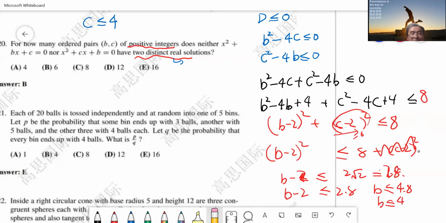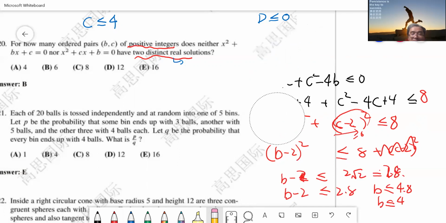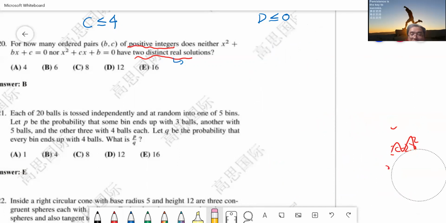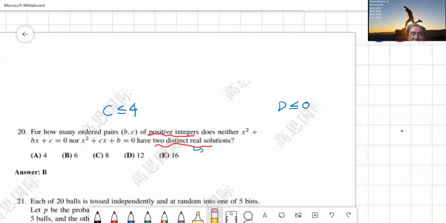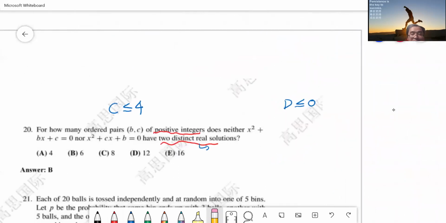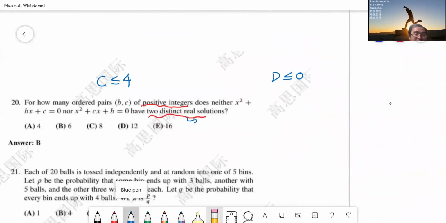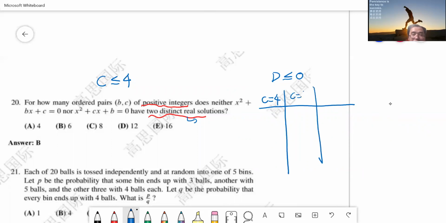So b and c are symmetric, right? So we're going to find either b or c, both of them are smaller than or equal to 4, right? But it doesn't matter, we just have this idea. Then we just find: c equal to 4, c equal to 3, c equal to 2, and c equal to 1.